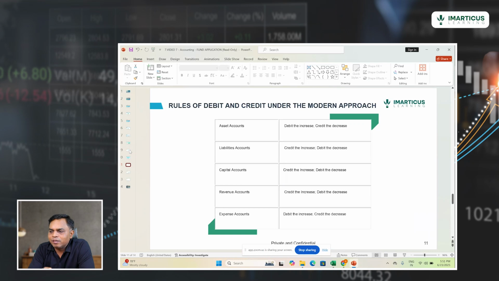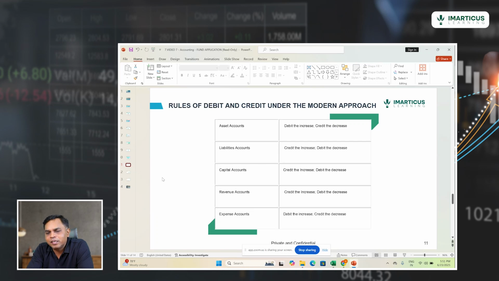Now whenever there is an increase, let's say, for example, how the rule is applied for assets. If there is an increase in the assets balance, for example, let's say the company already has $5,000 worth of furniture and they are buying another $2,000 worth of furniture. Now the furniture balance is increasing from $5,000 to $7,000.